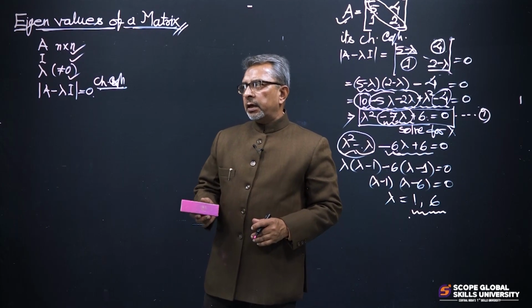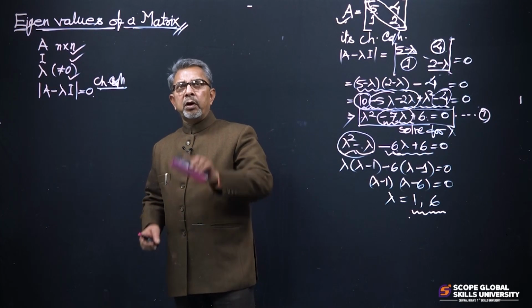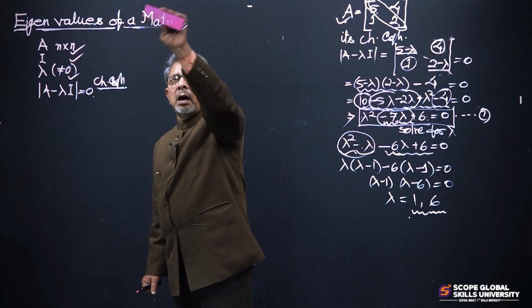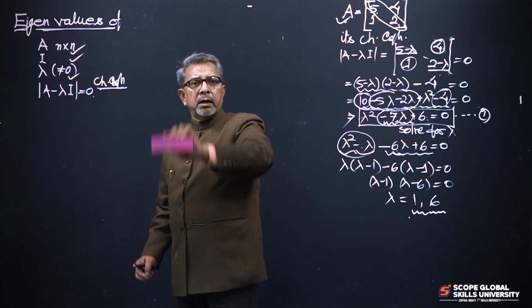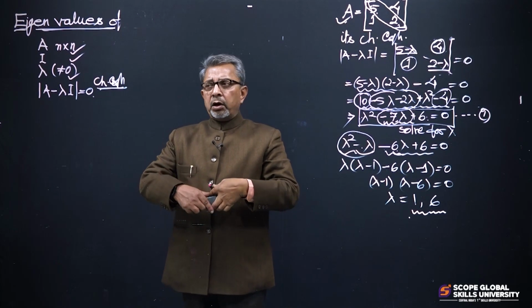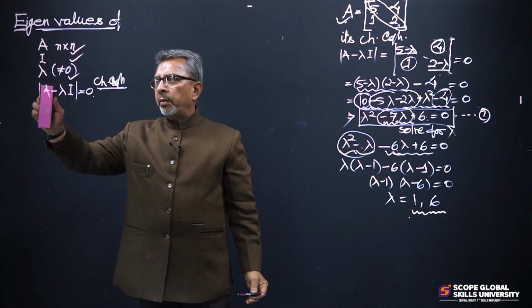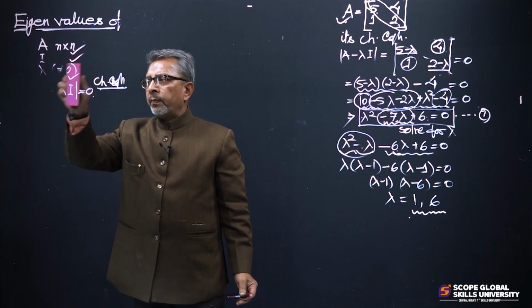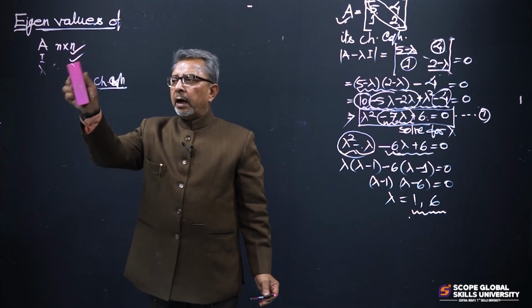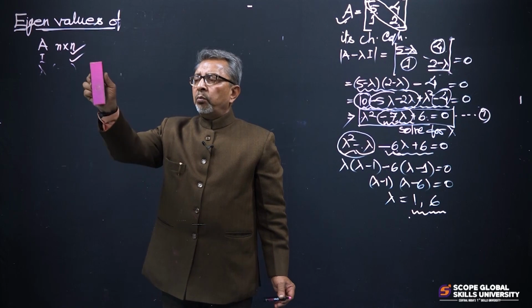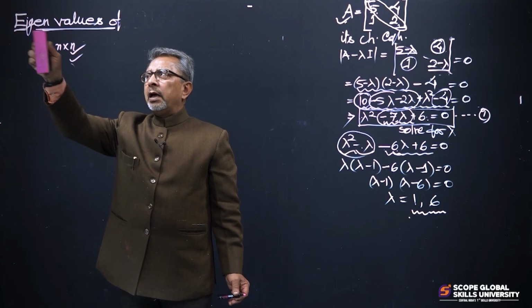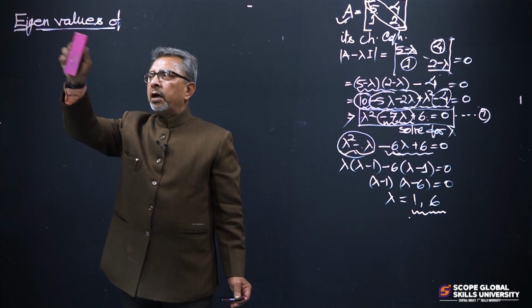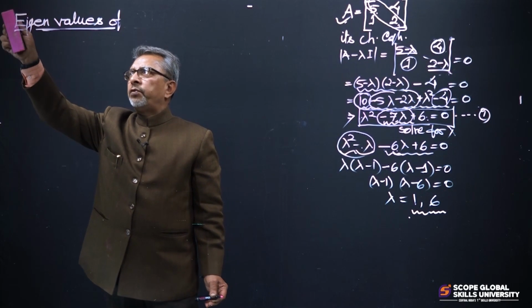Now let us consider the second type of problem, which is of larger order than this. Here we had considered a second order matrix, that means a matrix of order 2 by 2. Now we will consider another problem which is more applicable. Normally we have to utilize a matrix of order 3 by 3 most frequently.